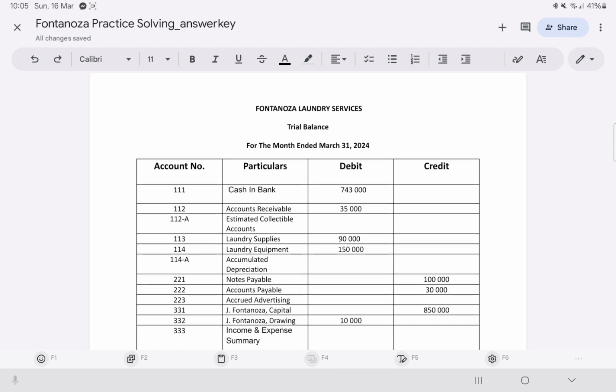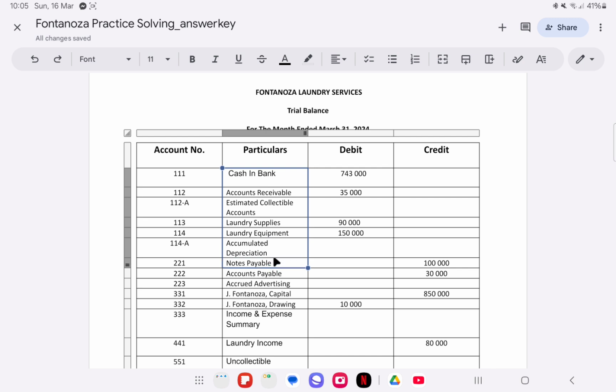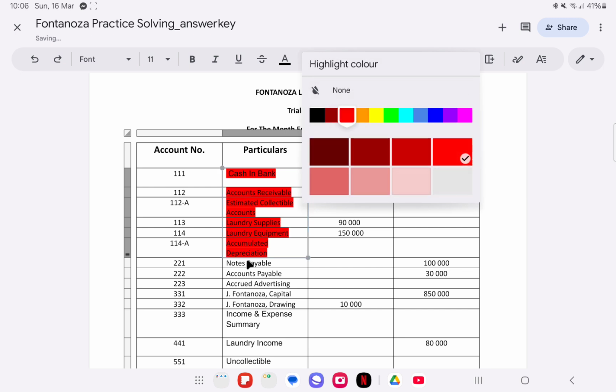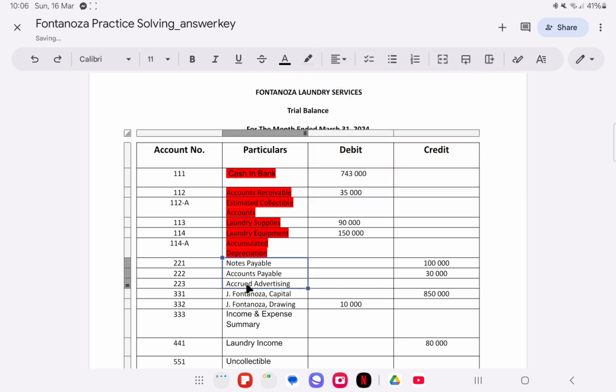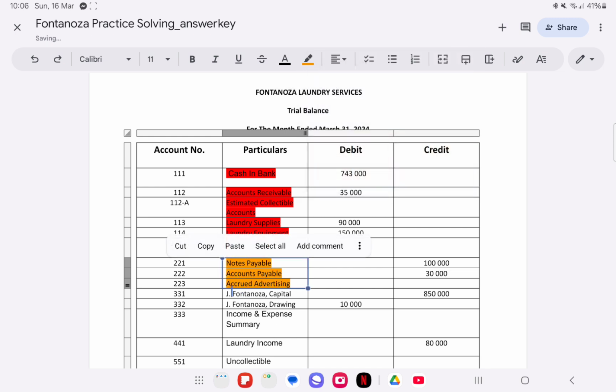If you're going to analyze these particulars, this accounting title belongs to the assets, so that's assets. And this notes payable until the accrued advertising, that's liabilities. And we have the capital J Fontanoza, so that's owner's equity.